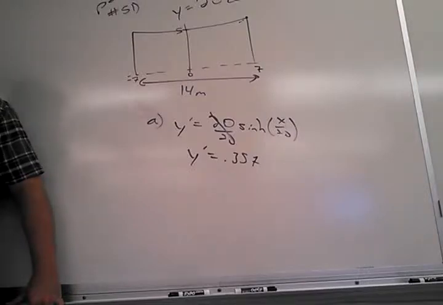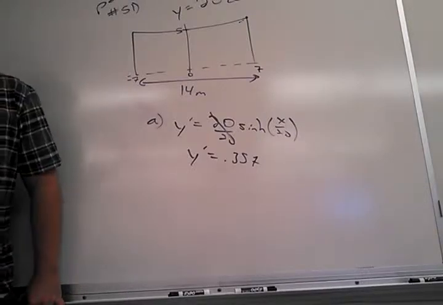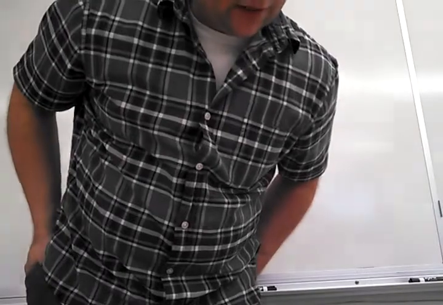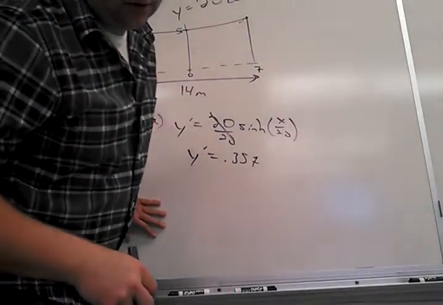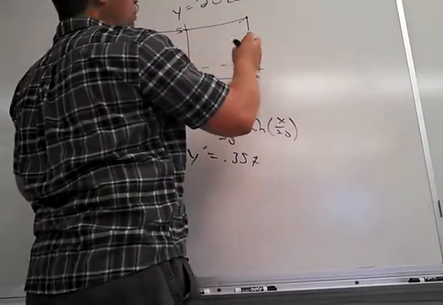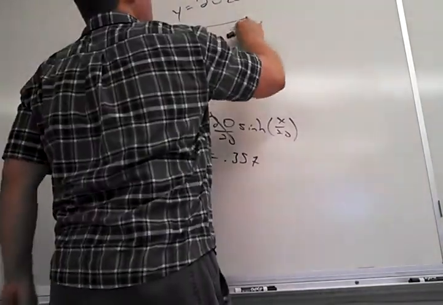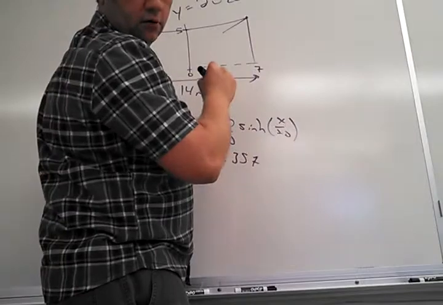All right, and then part B might be the one where we really want to find out what's going on. Find the angle theta between the line and the pole. So now I want to know this angle here.